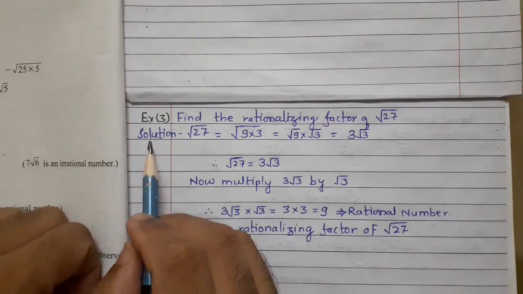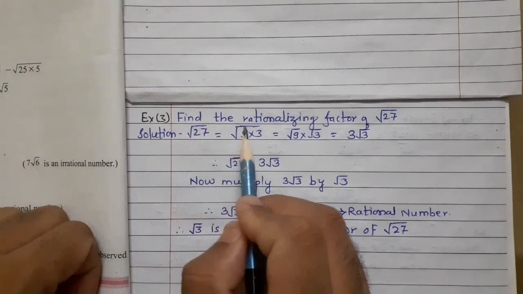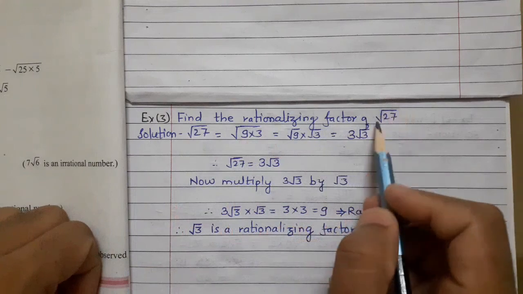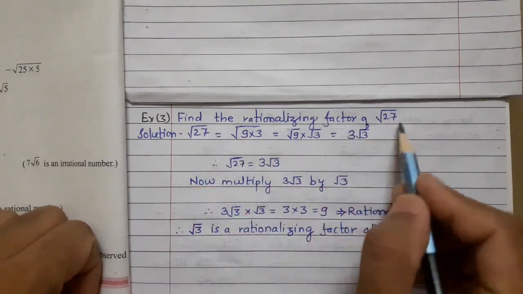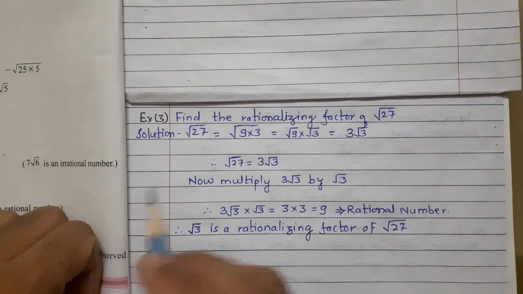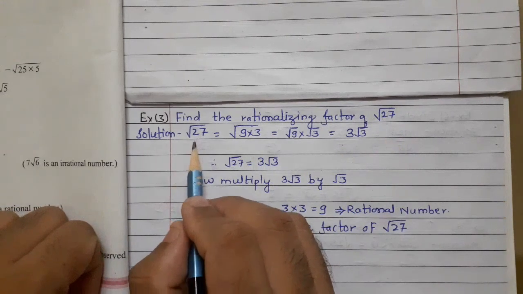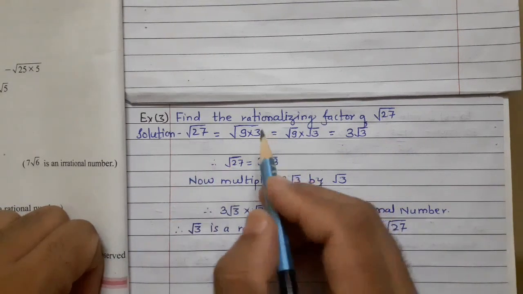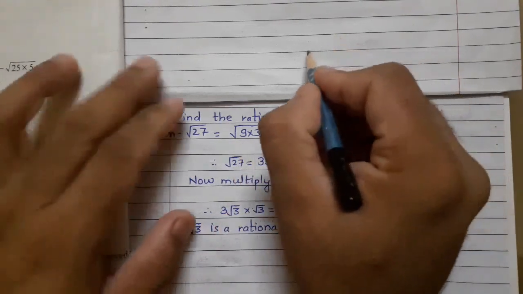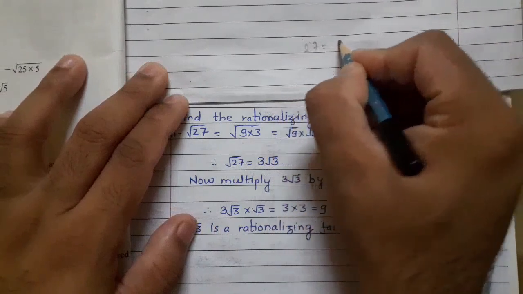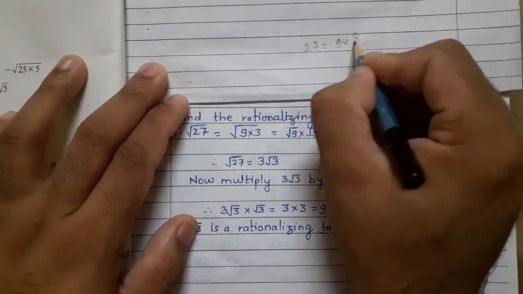See one more example. Find the rationalizing factor of the square root of 27. Here we have to find the rationalizing factor of the square root of 27. The square root of 27 can be written as the square root of 9 multiplied by 3, because 27 is equal to 9 multiplied by 3, since 9 threes are 27.